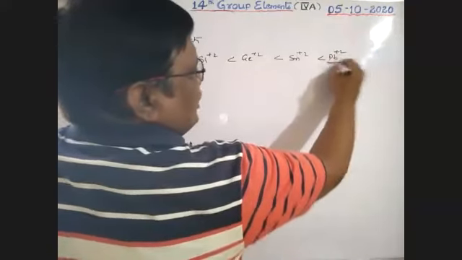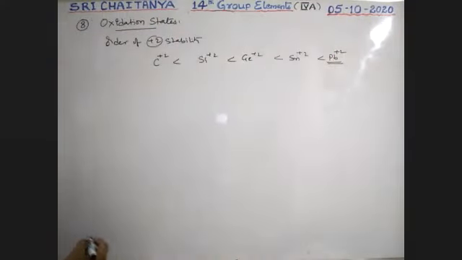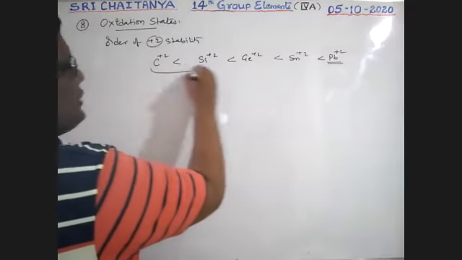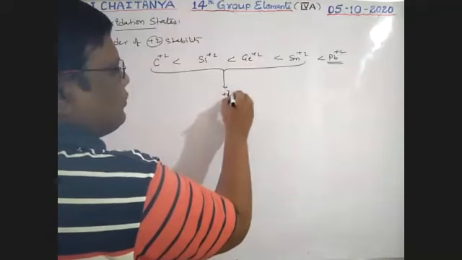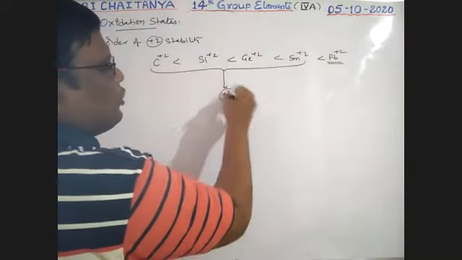Lead is more stable. That means these four elements are ready to convert into the +4 oxidation state. +2 is ready to convert into +4.